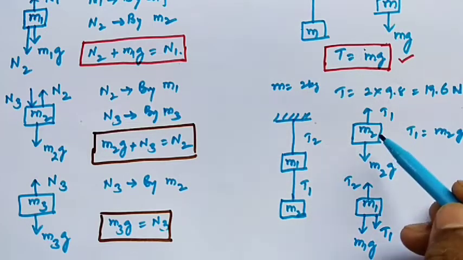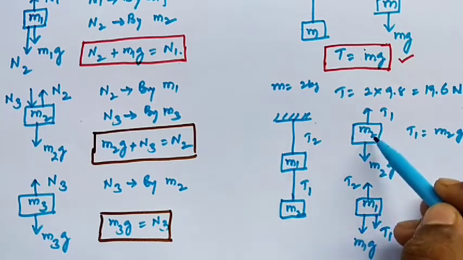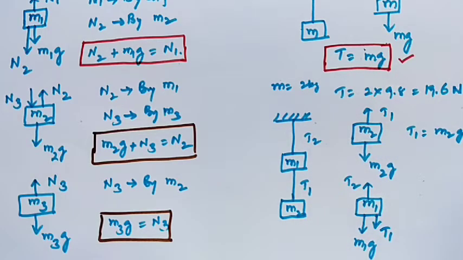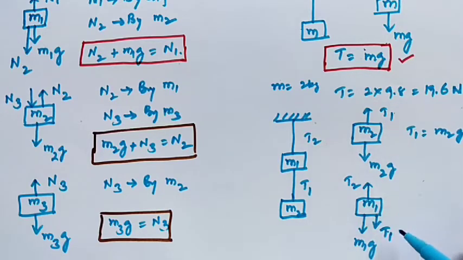Now tell me, in these two, which is the action reaction pair? Observe carefully between M2 and M1. T1 is the action reaction pair. Now, what is the equation? M1g plus T1 is equal to T2. From this you can calculate T2.